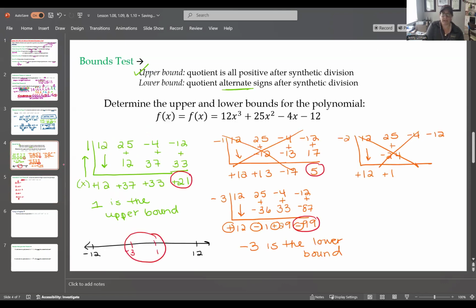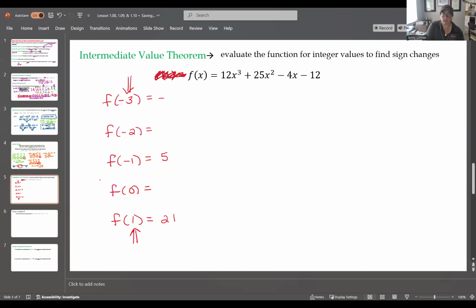When I plug in -3, I will get -99. So I'm really just having to figure out what happens when I plug in -2 and when I plug in 0. Okay, so I'll do that very quickly on my calculator just so we can all see.